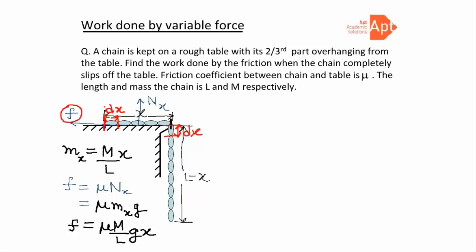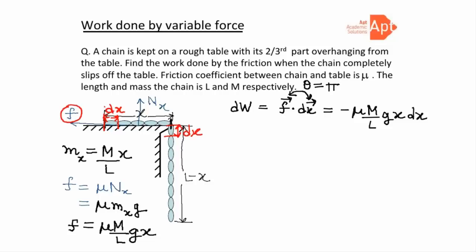So now the work done by this friction force, dW, will be F dot dx, which is equal to minus mu M by L into g into x into dx. Why are we taking it as minus? Because the angle between the force and the displacement, theta, is equal to pi.